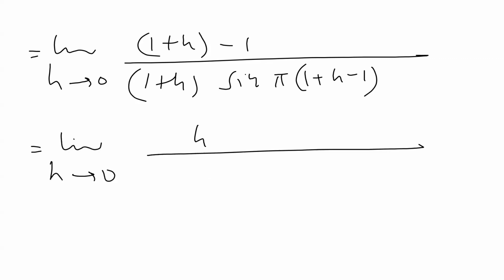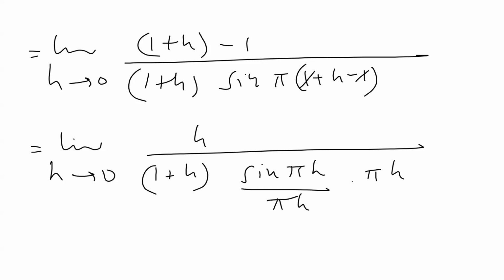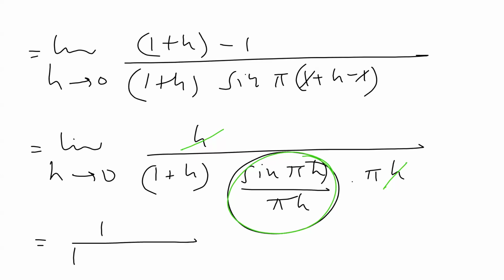Limit h approaching 0. So there is h in the numerator, 1 and 1 gone, sine pi h. Now you can multiply and divide with pi h. This will be 1. This h and this h are getting cancelled. So just put the values now.